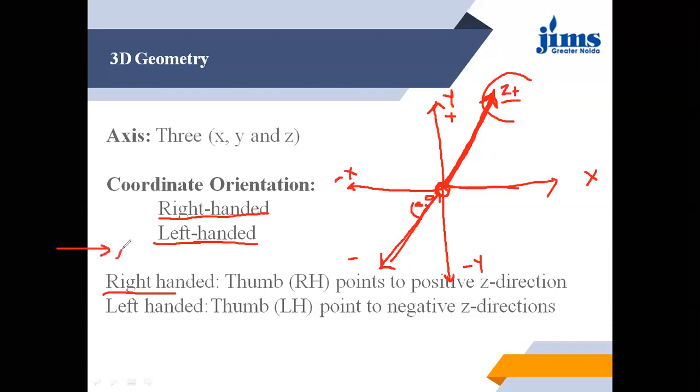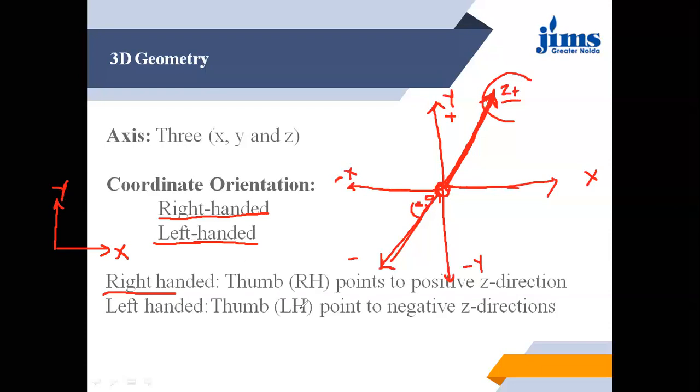This is one axis. Suppose this is one finger, and this is another finger, the second finger. We can put these two fingers in the same plane. Then the thumb indicates either the upper direction or the lower direction.